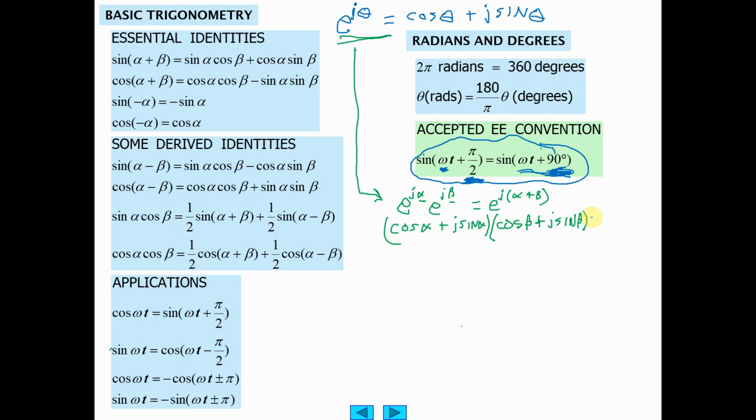And this right here equals, and I'm going to drop down to the next line, cosine alpha plus beta plus j sine alpha plus beta.